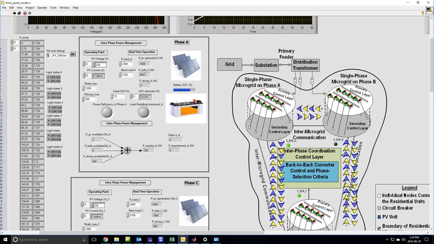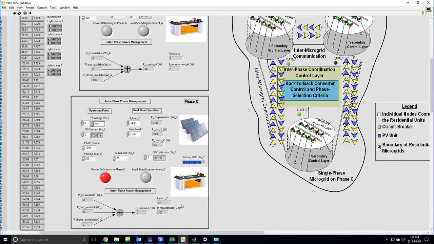There was also 100 watts of power available from the battery unit. So in this particular case, where there is a 300 watt requirement from phase C, 100 watts from the battery will go to phase C, while 200 watts of the droop unit will go to phase C also to make up the 300 watt requirement.